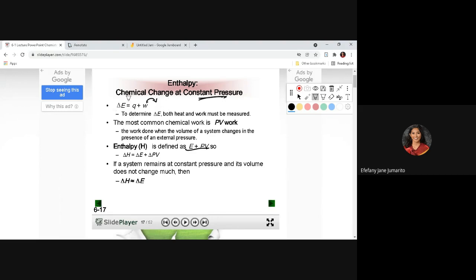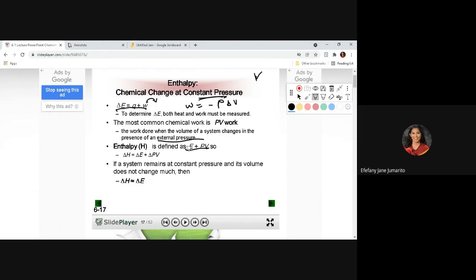Now for internal energy, delta E is equal to Q plus W. Also, work is equal to negative P delta V, the work done when the volume of the system changes in the presence of an external pressure. When calculating energy involving volume, meaning the gas has expanded or compressed, you can use this formula.